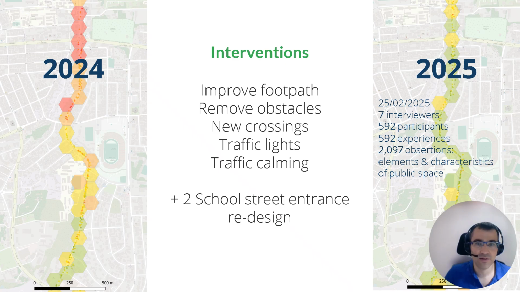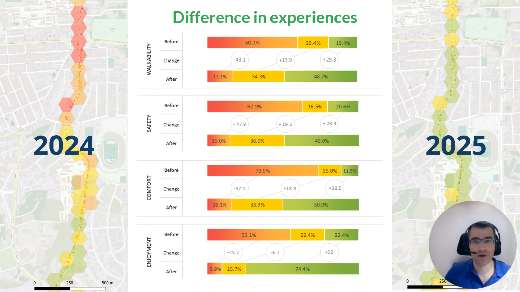You could already see through the maps that areas that were up here, areas which were mainly perceived as negative, after the interventions had many more positive experiences. This is one kind of data analysis in which we compare the percentage of very negative and negative experiences and very positive and positive experiences before and after the intervention, and you can see the actual change in experiences.